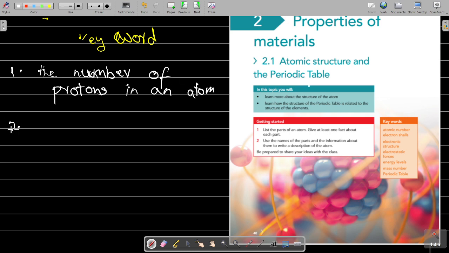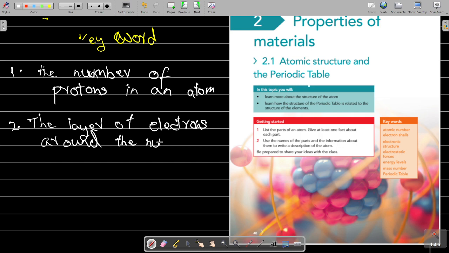Second one, electron shells. The layer of electrons arranged around the nucleus of an atom.